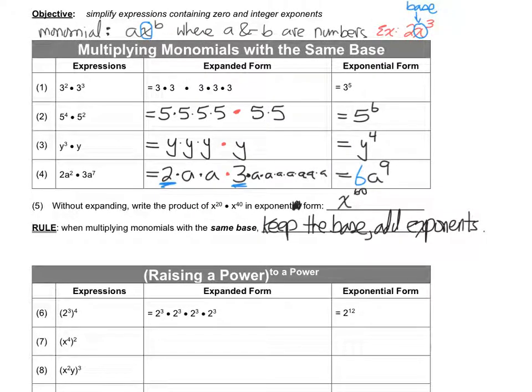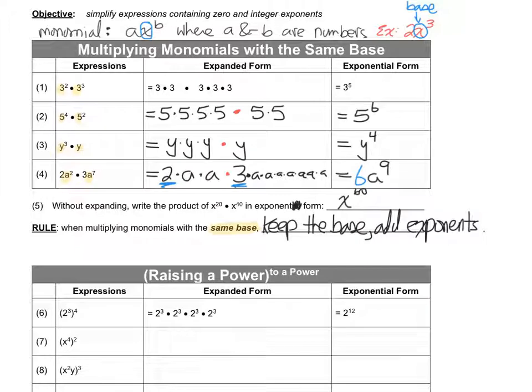So when multiplying monomials with the same base, same base, like the bases are the same, as in they're the same base, aka the bases are the same.